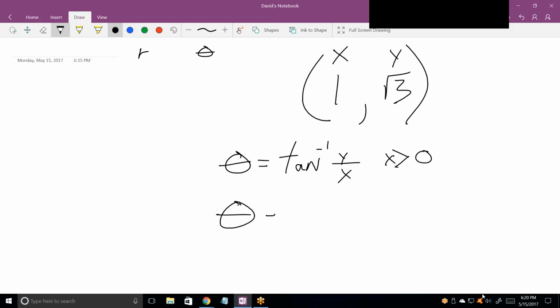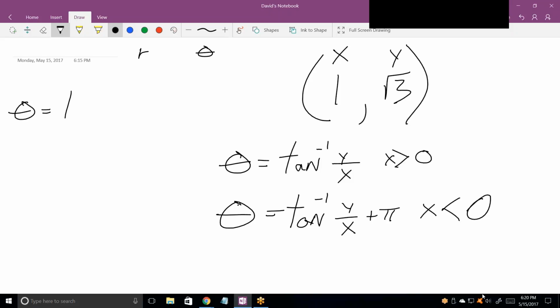Otherwise, theta is the inverse tan of y over x plus pi if x is less than 0. Right. So, for us to figure out theta, let's take the inverse tan of root 3 over 1, not going to add pi.